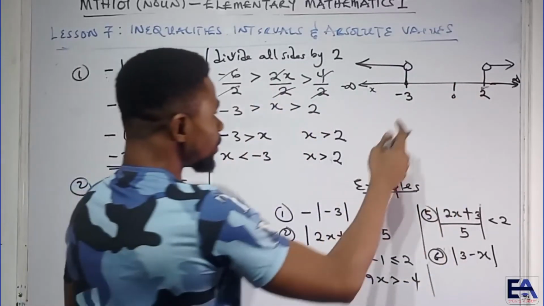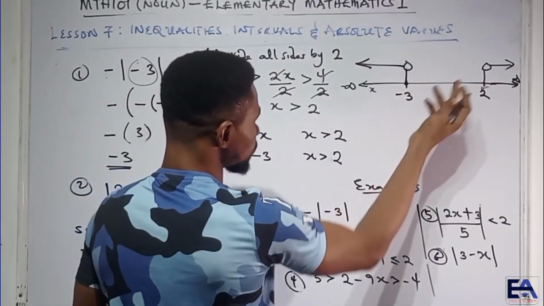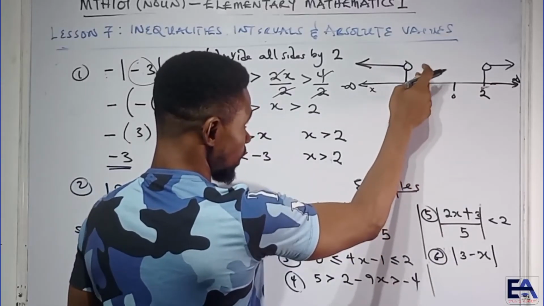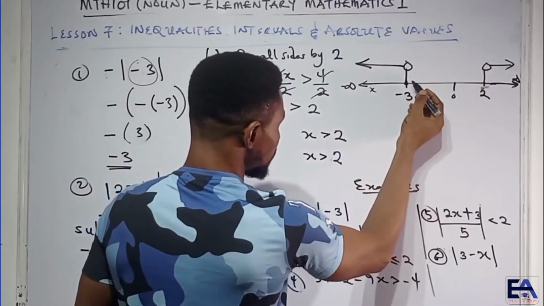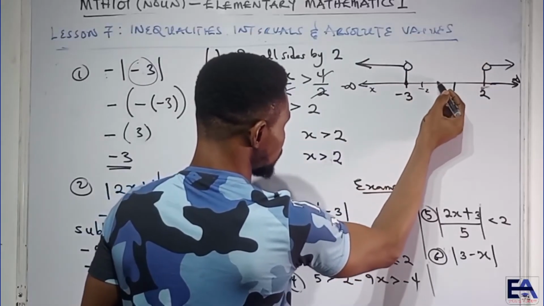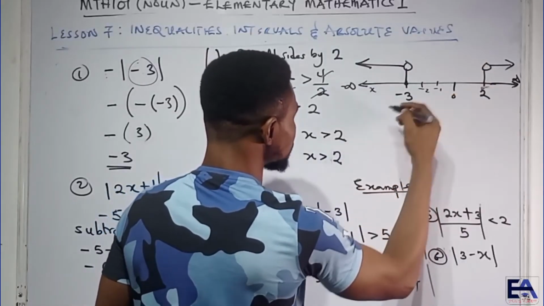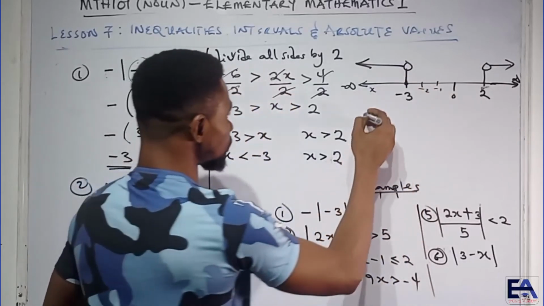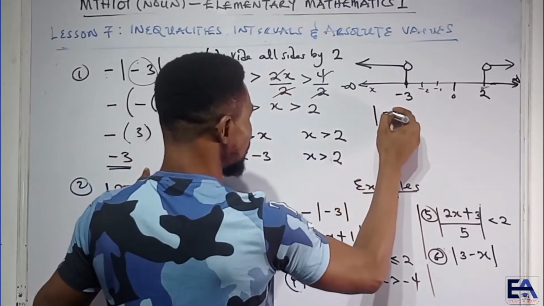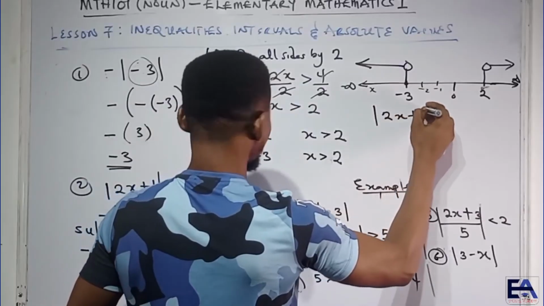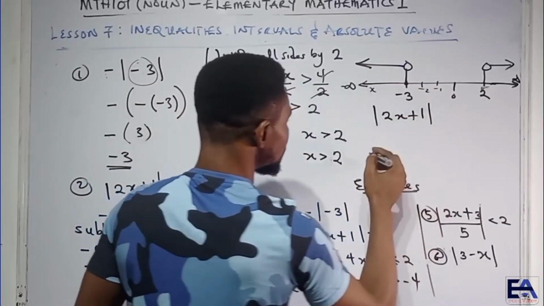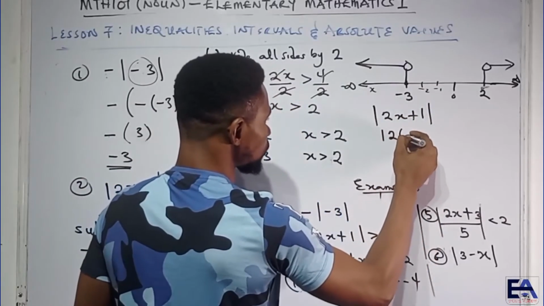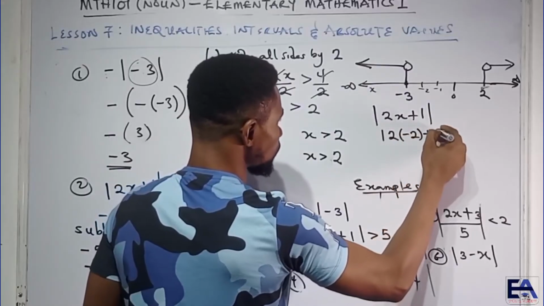Let's choose a value like -2. A value like -2, okay? Within this region, this is like -2, -1, 0, and all that. If you choose -2, we are going to be having absolute value of 2x plus 1, like this. Then we have absolute value of 2 times -2 plus 1.